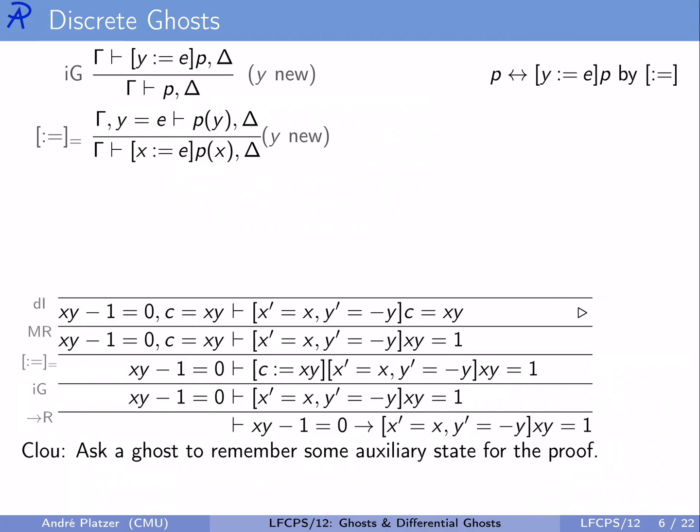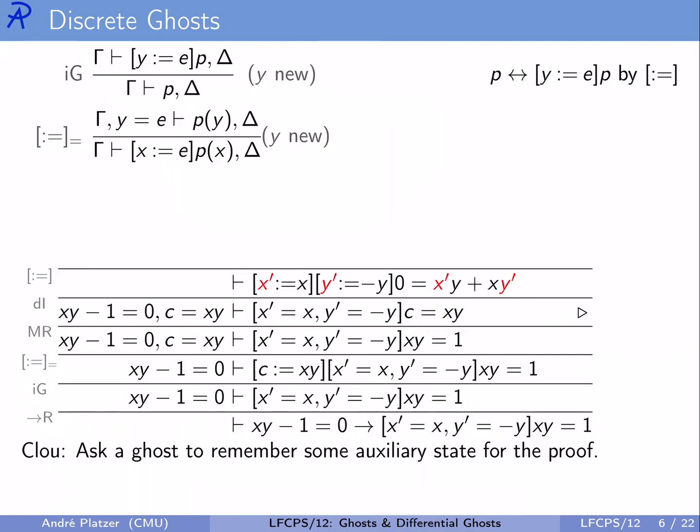The point is, now here we're left with a question about how the value of xy changes, never mind what it used to be, and then we can use straight out differential invariance for the job by putting the prime over the post condition, which will give us the differential of the discrete ghost c is of course 0 because it doesn't change in the differential equation.